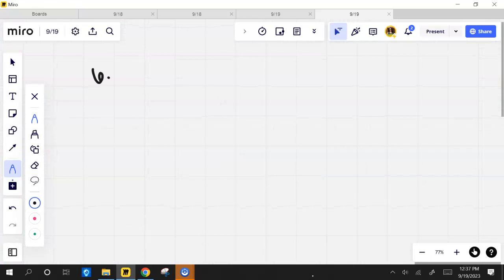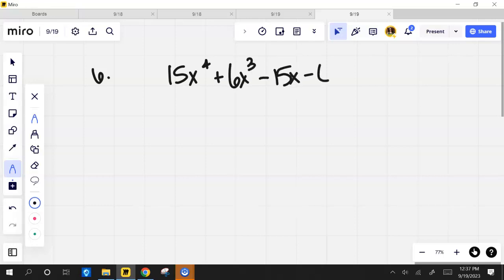6 and 12. I cannot believe y'all are so dependent on phones.